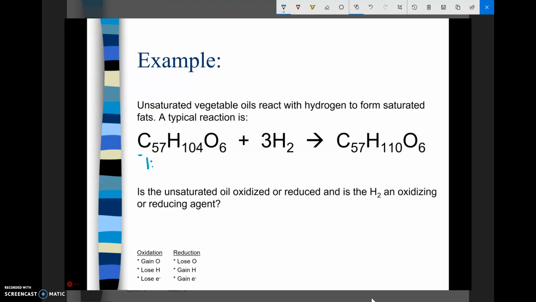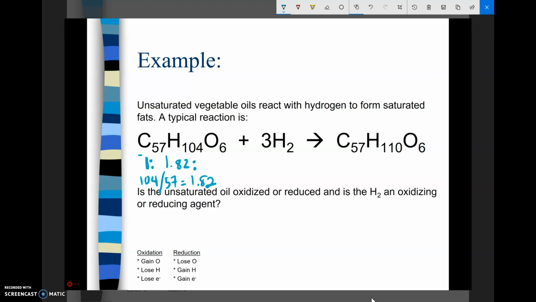And then we're going to take this 104 hydrogen and divide that by 57 to figure out what the ratio is to 1 carbon. And the ratio here ends up being 1.82. So I'm going to put 1.82. That's our ratio, so for every 1 carbon, we have 1.82 hydrogens. And then we're not worried about the oxygen here. So we're just going to leave that alone because it's the same. Okay.